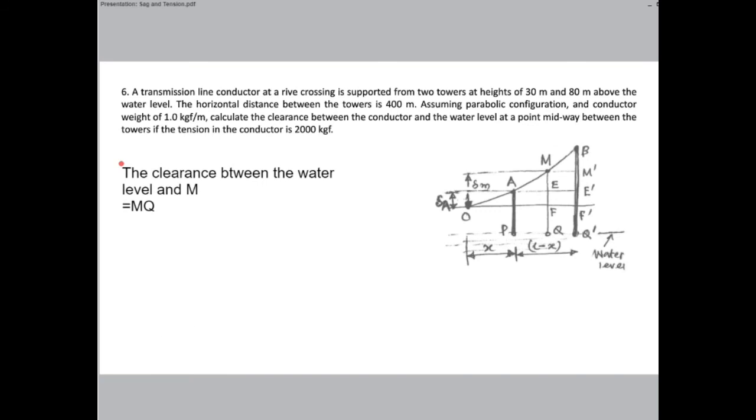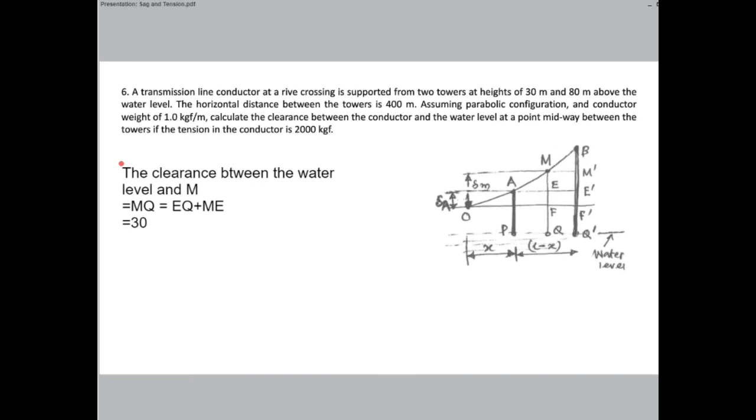MQ is equal to what? ME plus EQ. Now EQ is the height of AP, the height of the tower, which is 30. EQ is 30, this is the height of the tower.